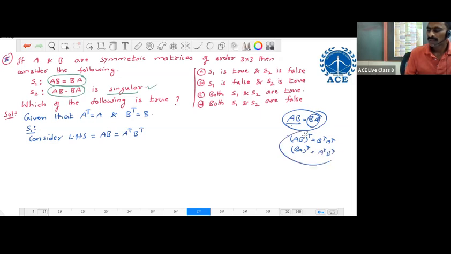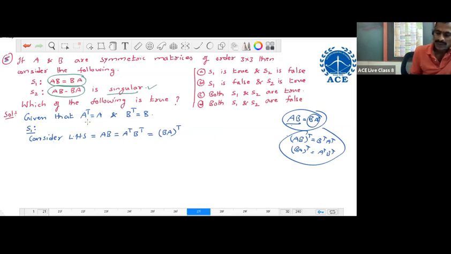According to this property, A power T into B power T will be written as (BA) power T. No further simplification, we stop here.